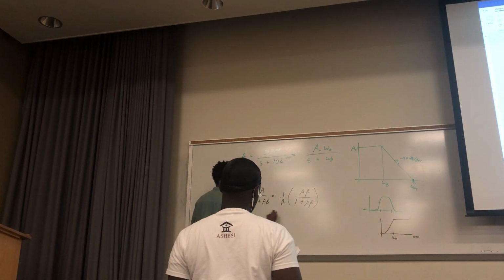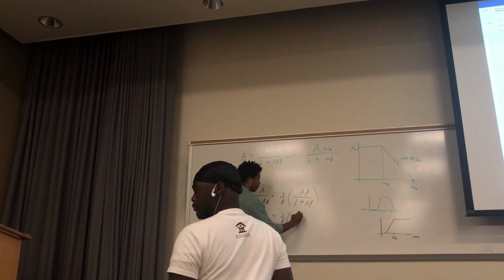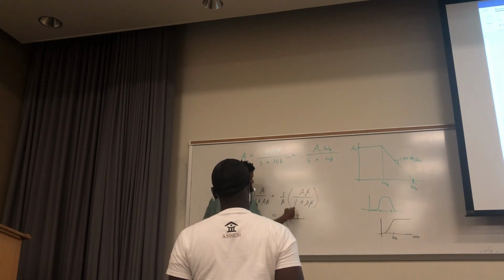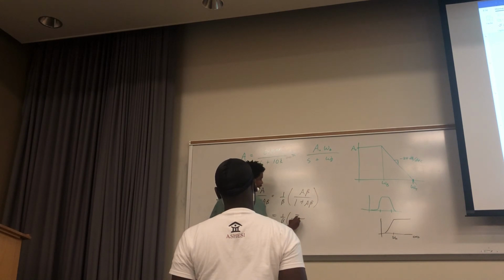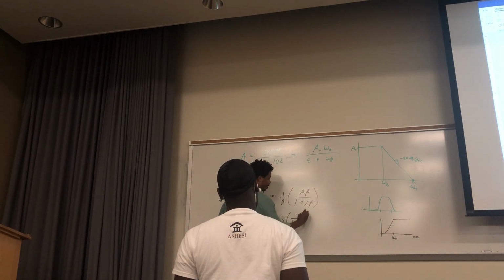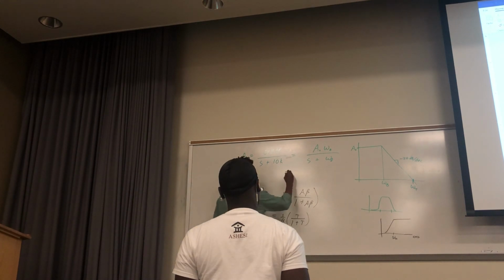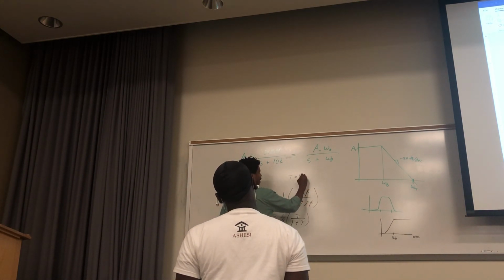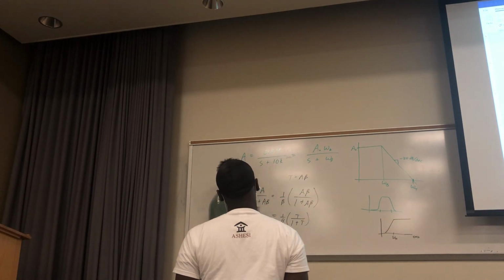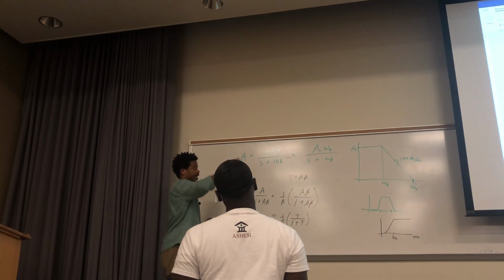And then both the A betas became T, because that's what the loop gain is. Whenever you see your A and your beta together, that's the loop gain.